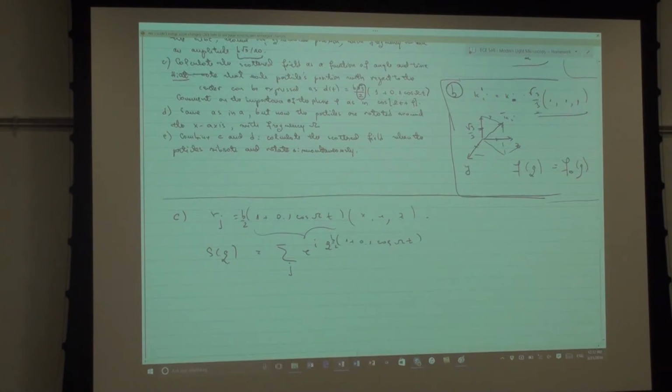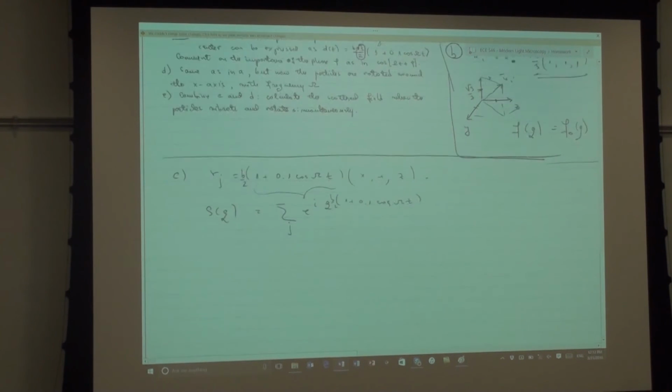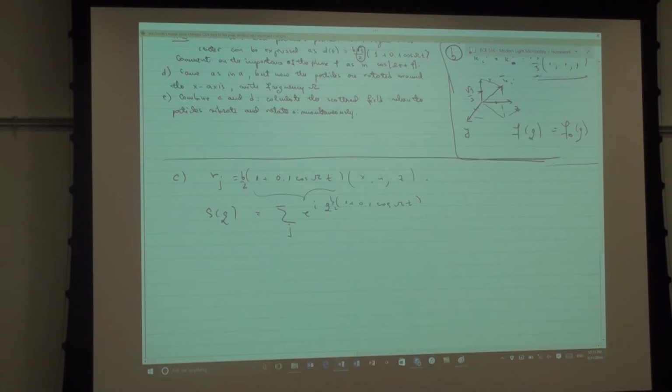So what do you think this is going to give you? So imagine I have the pairs, right? So I have, let's say, instead of 1 to 8, I say 1 to 4 of this plus its complex conjugate. So this all together is going to give you a cosine of qb/2 (1 plus 0.1 cosine of omega t).